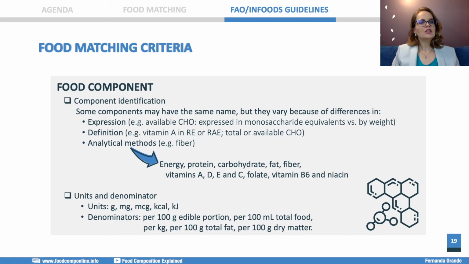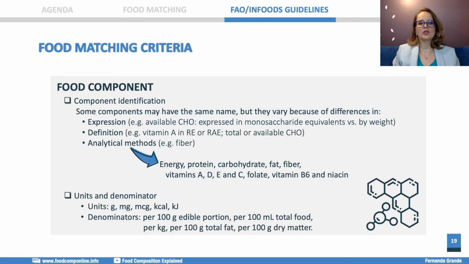But we also need to check the units and denominators, and when I say units, it's related to the units in which the data is expressed. So it can be gram, milligram, microgram, kilocalories or kilojoules for energy. And we also need to check the denominators.